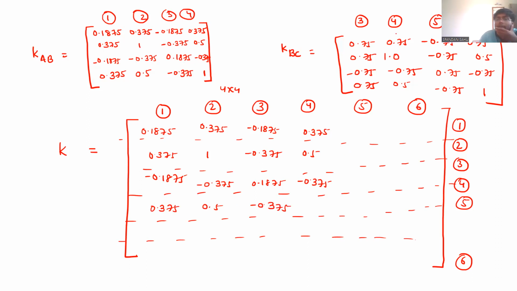Now you check. This is K33 and already at K33 from KAB something is coming, and that node, coordinate 3, is common between those two beams or two spans. That is the reason we are getting two values which will be clubbed together. Means this will be 0.75, K34 will be plus 0.75 again. This will be minus 0.75 alone and this will be 0.75.